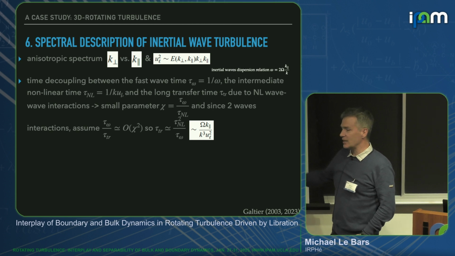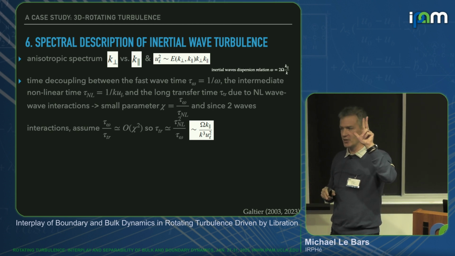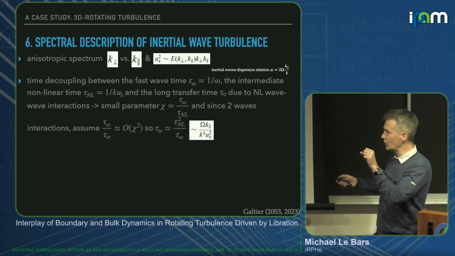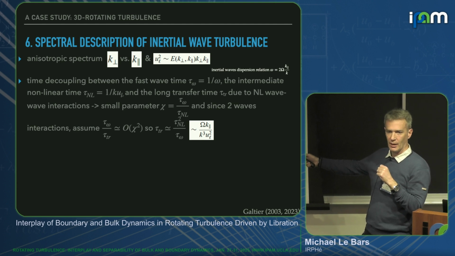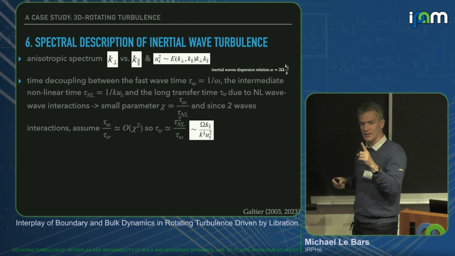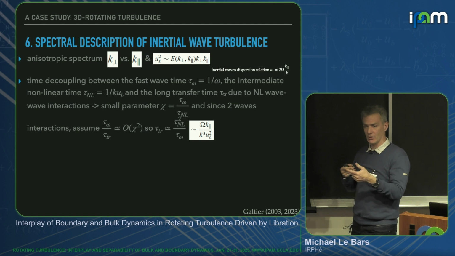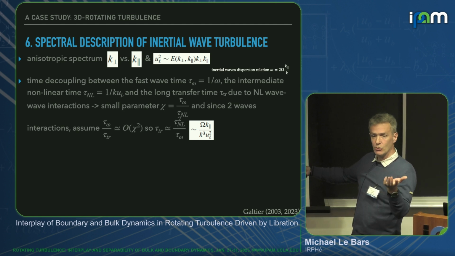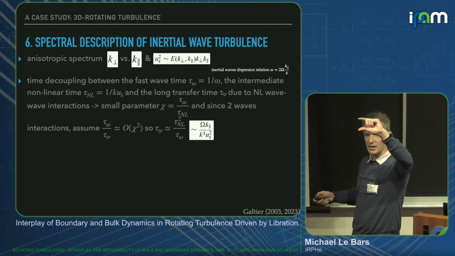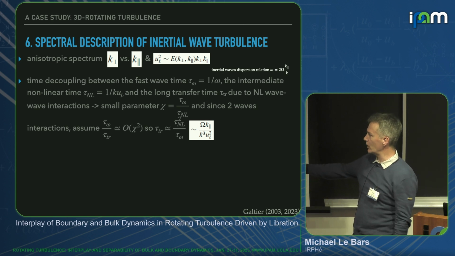The trick here is that we have three different times in the system. The first one, which I will assume is fast, is the typical time scale of the wave, 1 over the frequency. Then you have a typical time scale for nonlinearity, which as usual is the typical scale divided by the typical velocity, so 1 over k u_l.